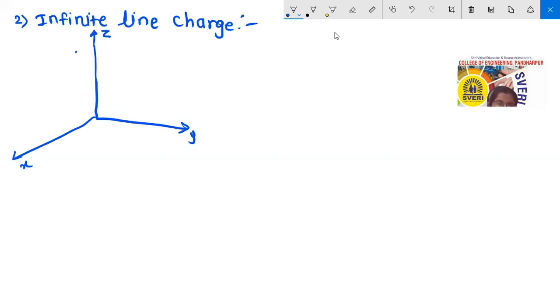Consider one cylinder now. What is the radius of the cylinder? Yes, anyone?